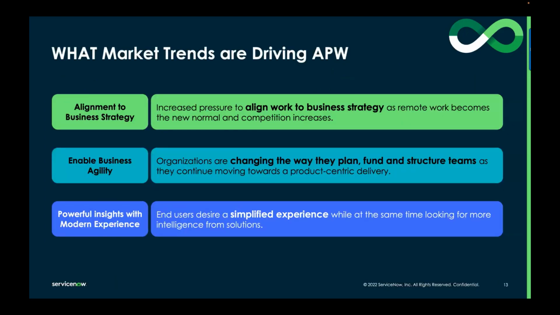Okay, so what's driving market trends, right? Important trends that are driving the development of SPM and APW, what are they? One is supporting the alignment of work to business strategy. That's a major component, that's the top piece. We're enabling the flexibility of planning architecture, flexible enough that you can support your transformation by moving to a product-centric portfolio management.